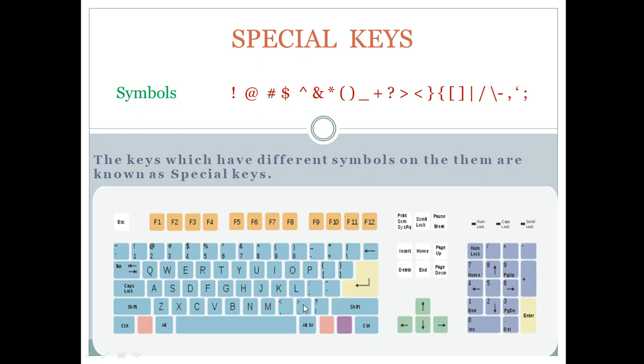How to type the symbols or letters, I will show you in an upcoming topic. For the time being, all the keys where symbols are present, even the numeric keys, are known as special keys.